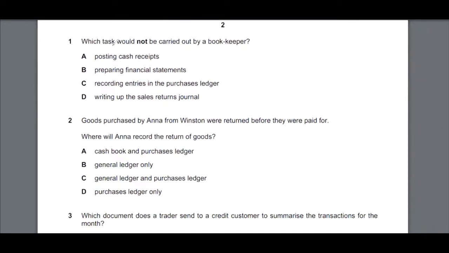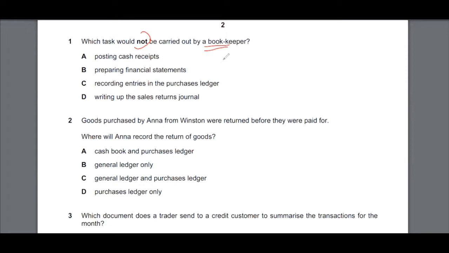Let's read multiple choice one, which is about which task would not be carried out by a bookkeeper. It's very important to understand what a bookkeeper does. A bookkeeper is not the same as an accountant, so there's a differentiation between the two. If you don't know what a bookkeeper does, I would highly encourage you to read more about the responsibilities of a bookkeeper.